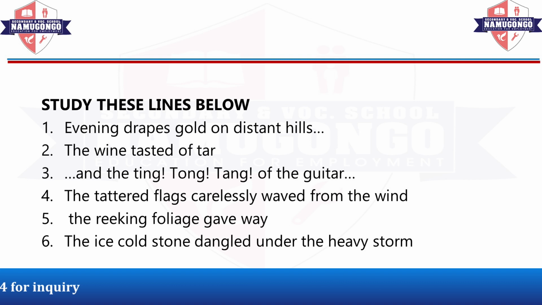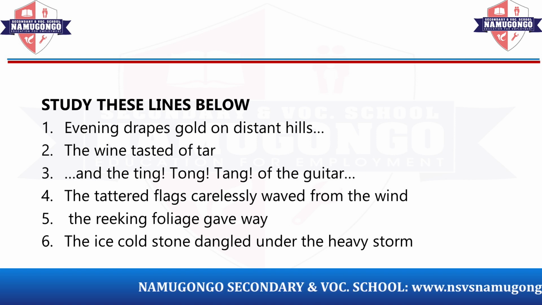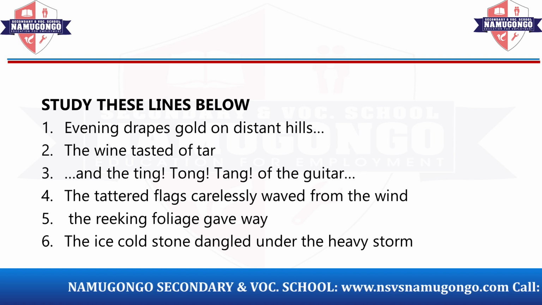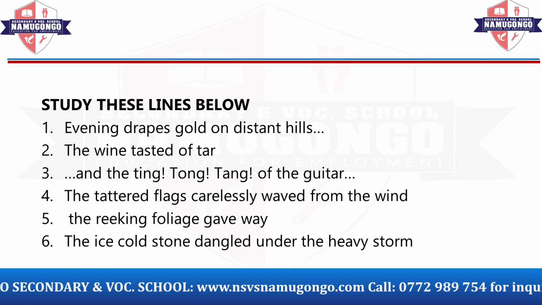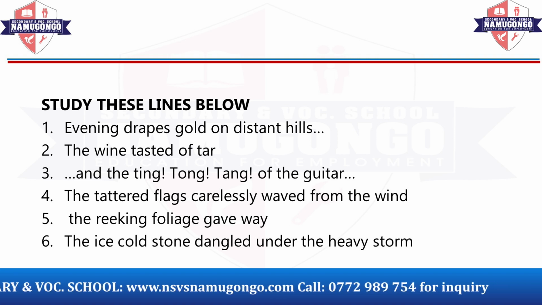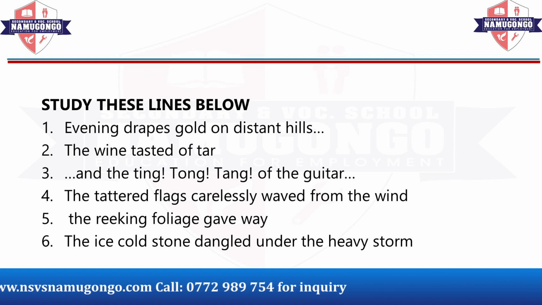The third one, and the ting-tong-tang of the guitar. Can you hear the guitar playing? Of course, all this is in your mind's eye, so you should use your imagination to imagine these sounds and these tastes and these pictures that are created with words. And the ting-tong-tang of the guitar is an image that is appealing to our sense of hearing.